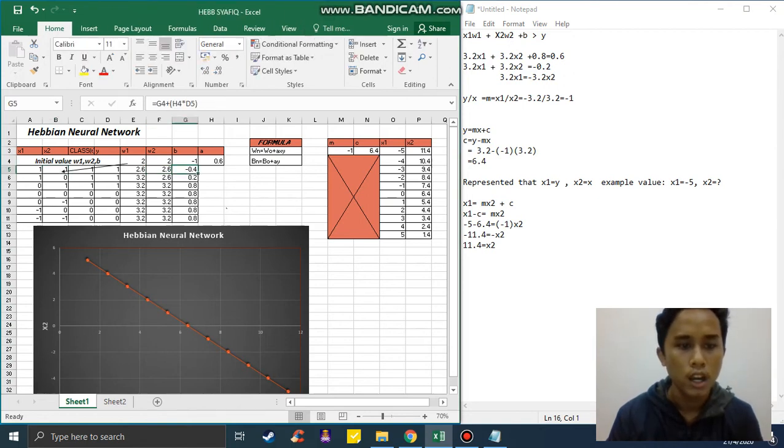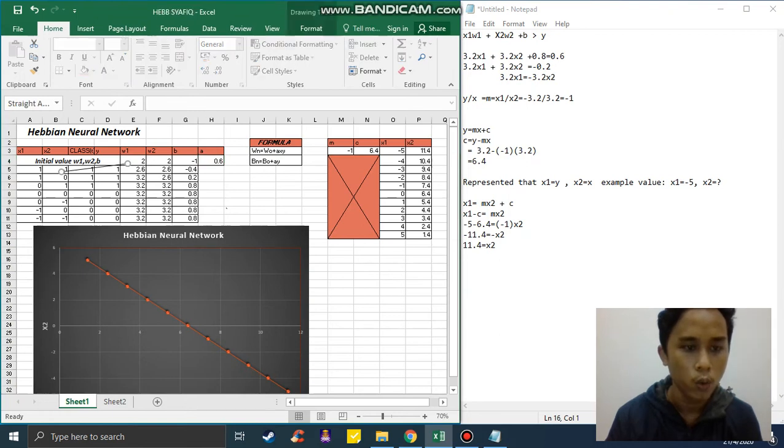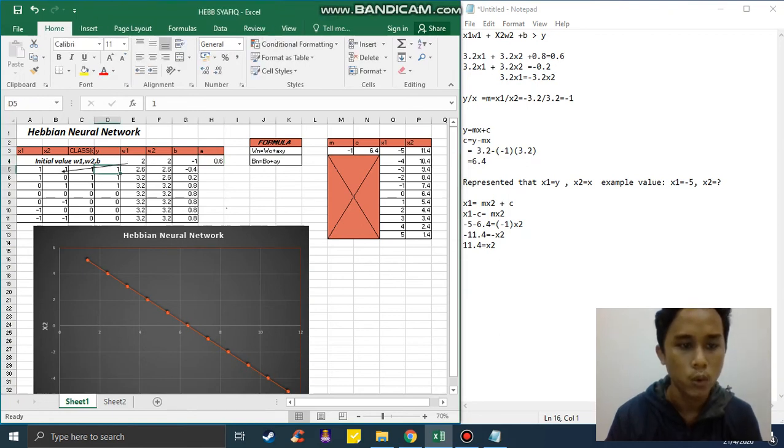For b, we use the formula b new equals b old plus alpha multiplied by y, which is the old previous value of -1 plus alpha 0.6 multiplied with 1, which is y for this part.